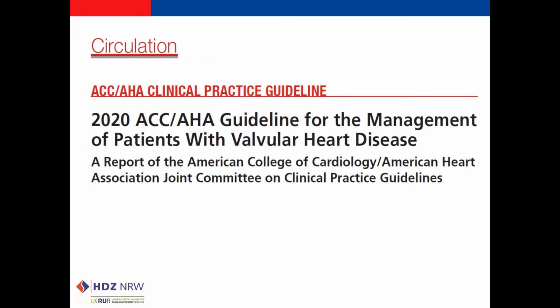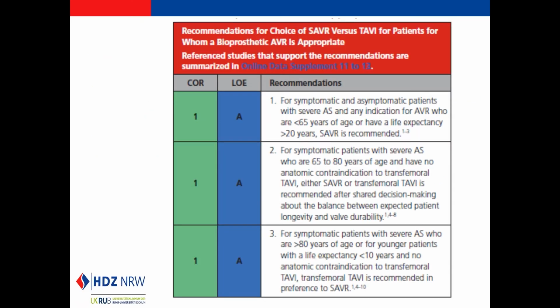Due to several multi-center controlled trials in the last decade, clear definitions were defined by international societies, such as the report of the American College of Cardiology and American Heart Association Joint Committee on Clinical Practice Guidelines regarding patients with valvular heart disease. They gave clear indications for patients below 65 years for the surgical approach.